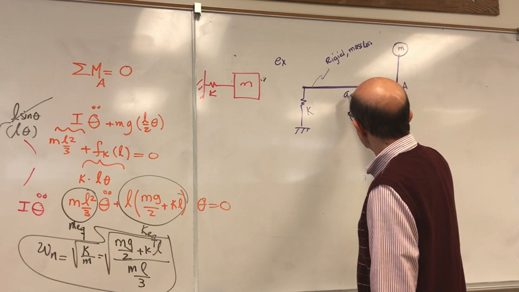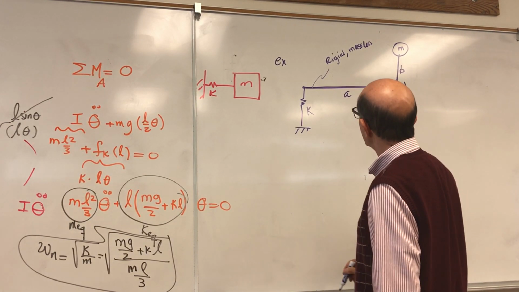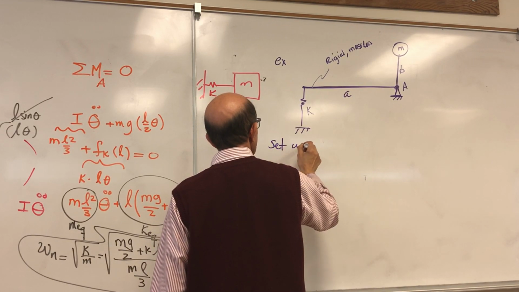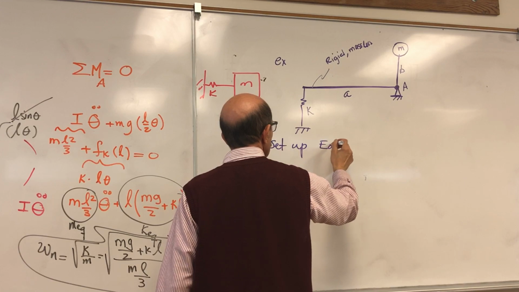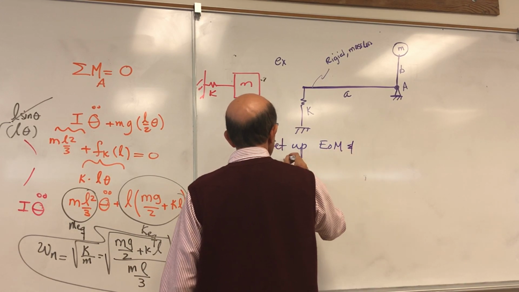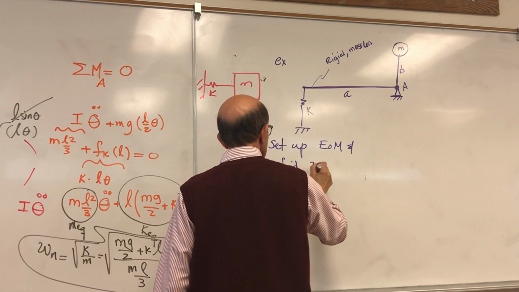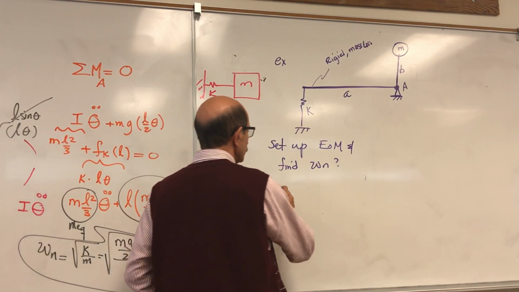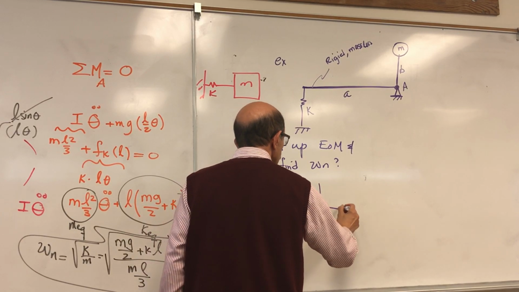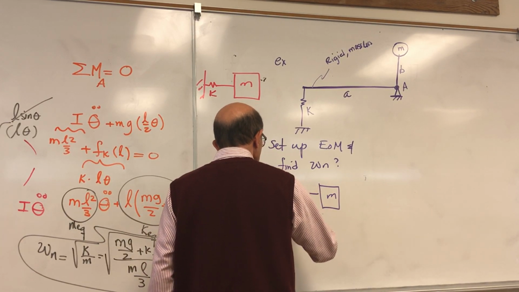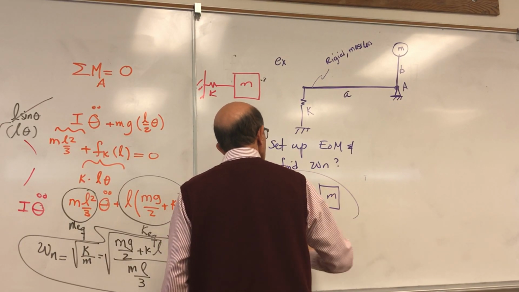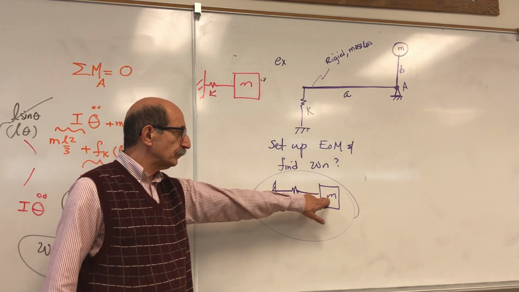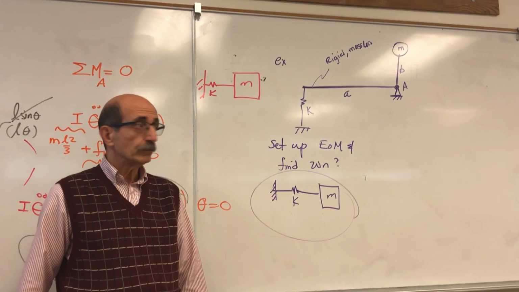This length is A, this is B, and you want to find again, set up the equation of motion and find the natural frequency. That means I need to find the equivalent stiffness and equivalent mass in order to find the natural frequency.